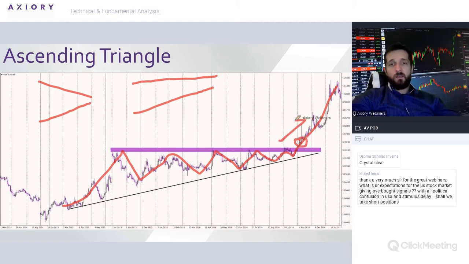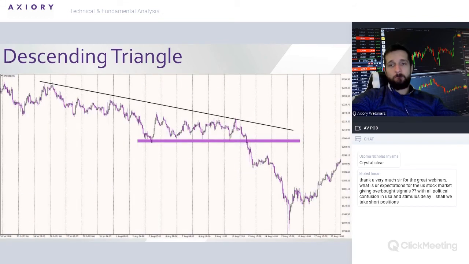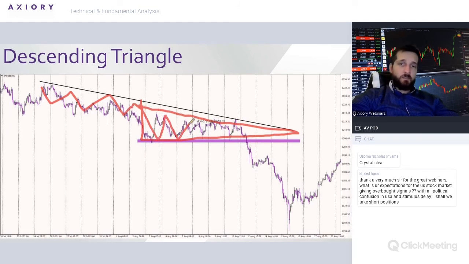Here you have the buy signal and sweet, nice, fat profit. There are also descending triangles, so horizontal support, dynamic resistance, price going lower, test of the support, test of the support, test of the support, and boom, finally the support is broken and you have a beautiful sell signal.